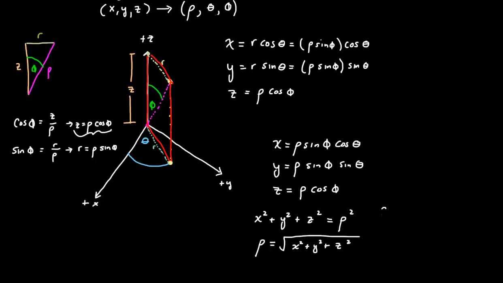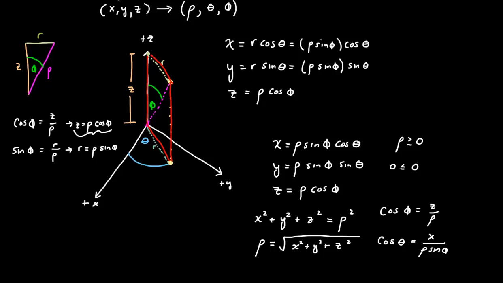Then I will also say that the cosine of phi is equal to z over rho. I can also say that the cosine of theta is going to be x over rho sine phi. We are going to restrict rho to be greater than or equal to 0.